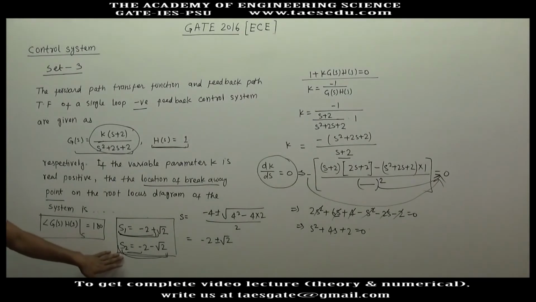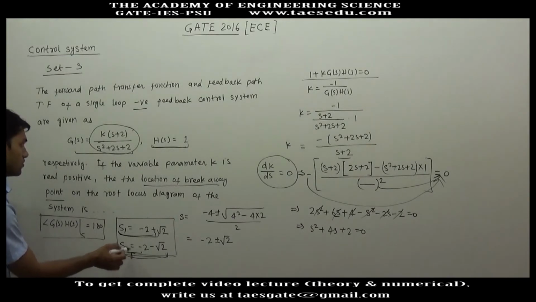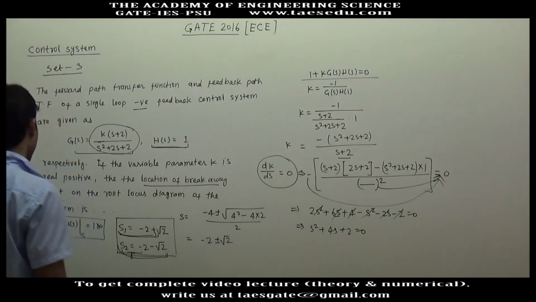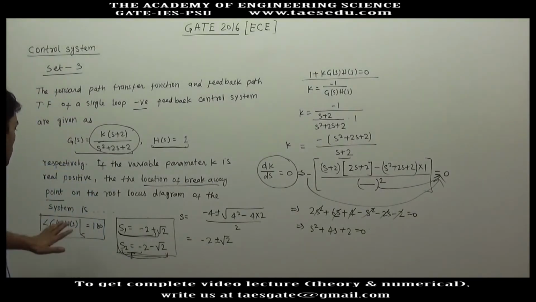If that quantity is anything but not real negative, that means if by putting s1 or s2 the value of GsHs is positive or complex, the angle will not be 180 degree and that point will not be on root locus. So this is one method.